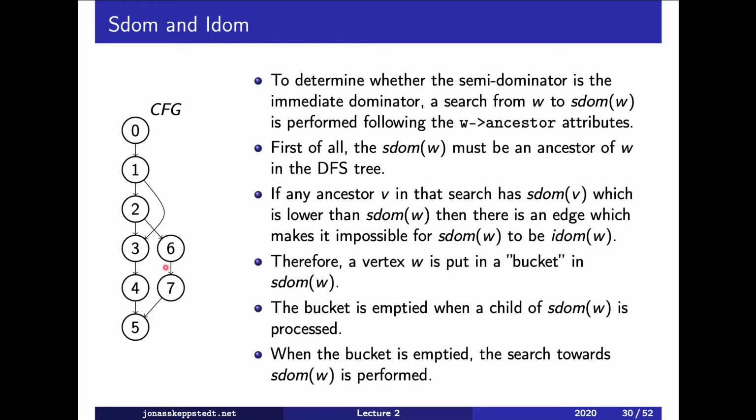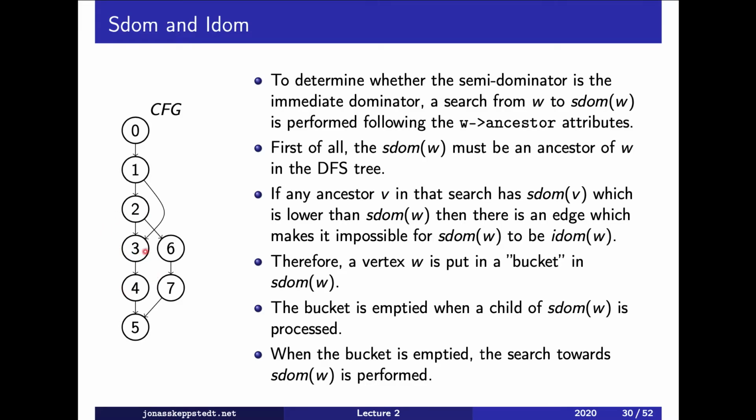What we have to keep track of those nodes which have a certain semi-dominator is an attribute called bucket, which is a container, just a set or a linked list of nodes in each node. So each semi-dominator has a bucket of nodes which have that node as their semi-dominator.